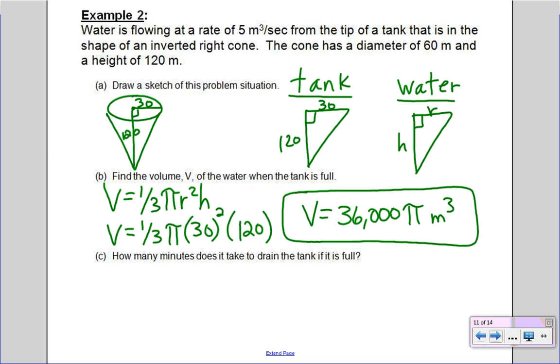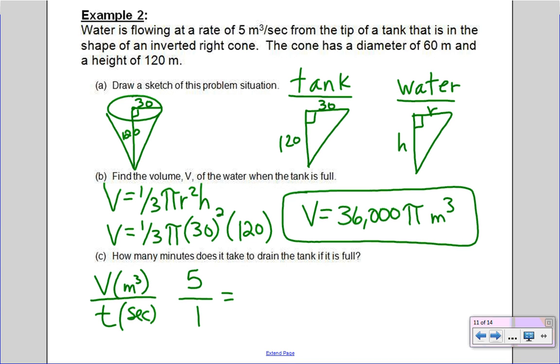Okay? Now it says, how many minutes does it take to drain the tank if it is full? So let's look at it in terms of the water is flowing at a rate of 5 meters cubed per second. So the volume in meters cubed over the time in seconds, the rate it's flowing at is 5 meters cubed per second.